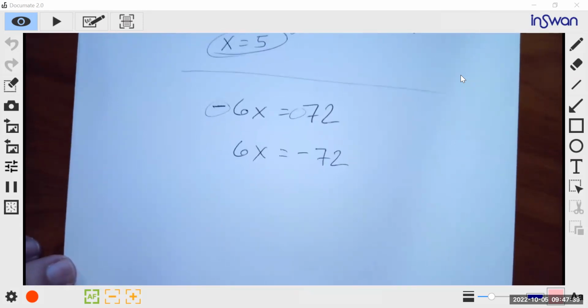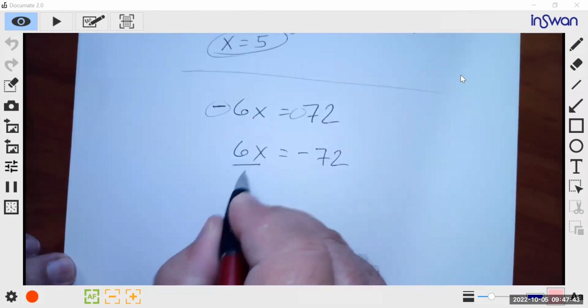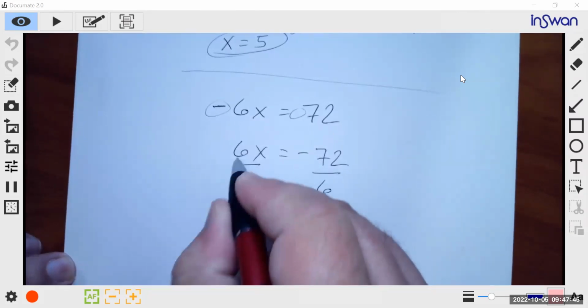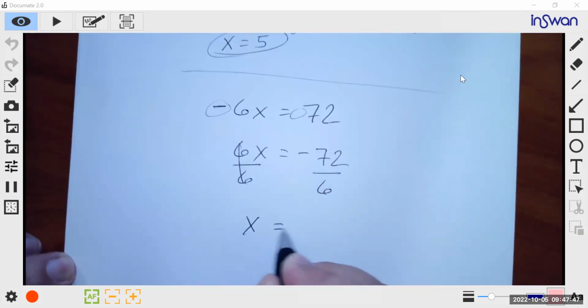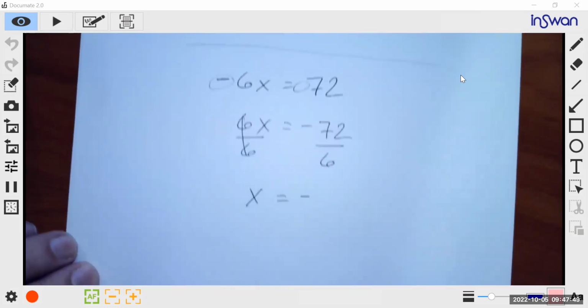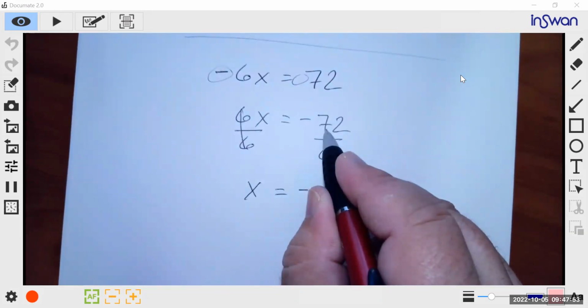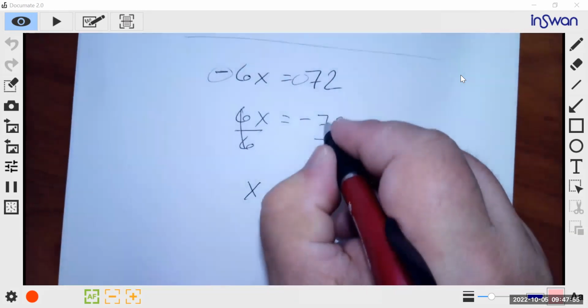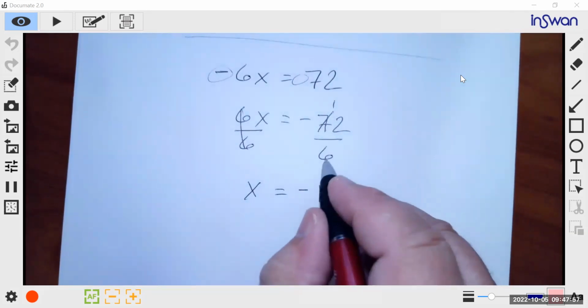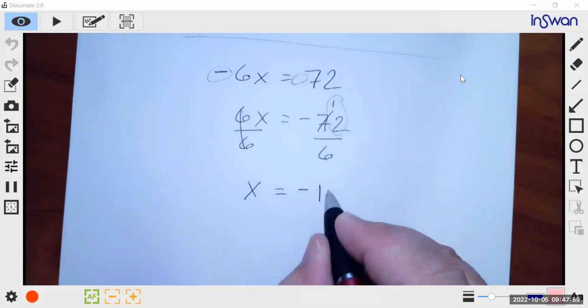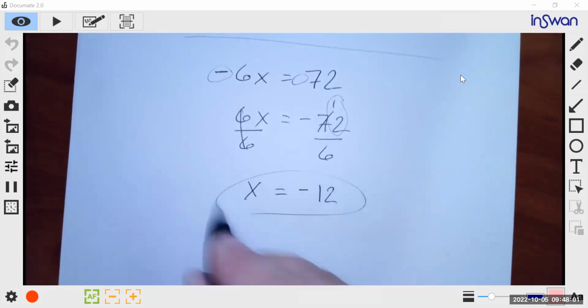Now I do what? Divide by 6. The answer is going to be negative. 6 goes into 7 how many times? With 1 left over. 6 goes into 12 twice. So your answer is negative 12.